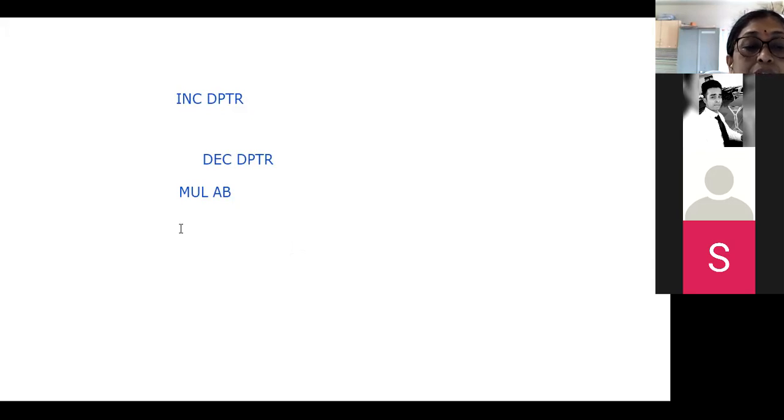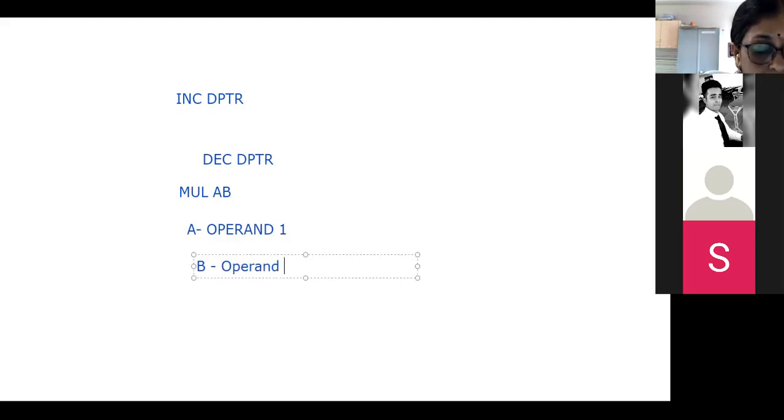A will contain one operand. So it is operand 1. And what will B contain? B will contain operand 2.